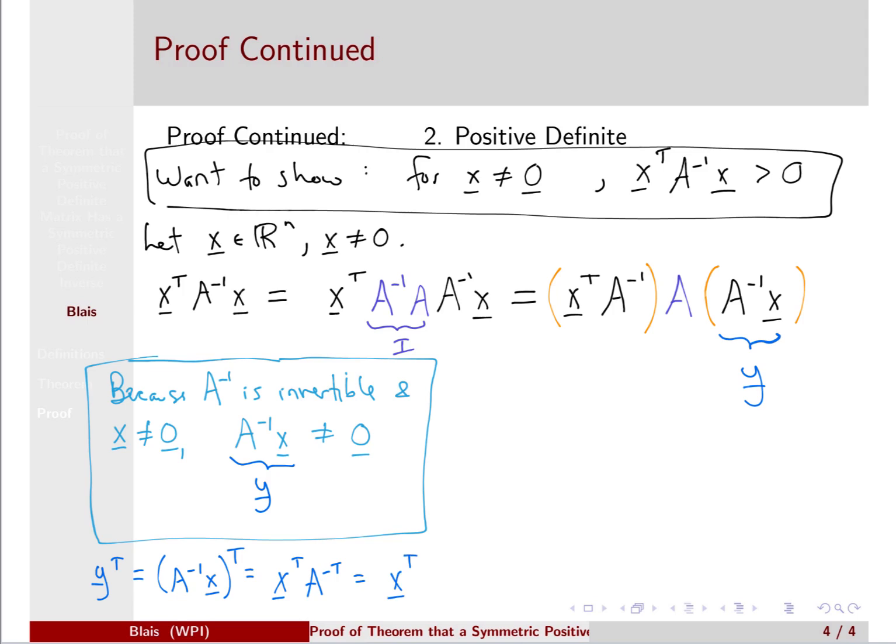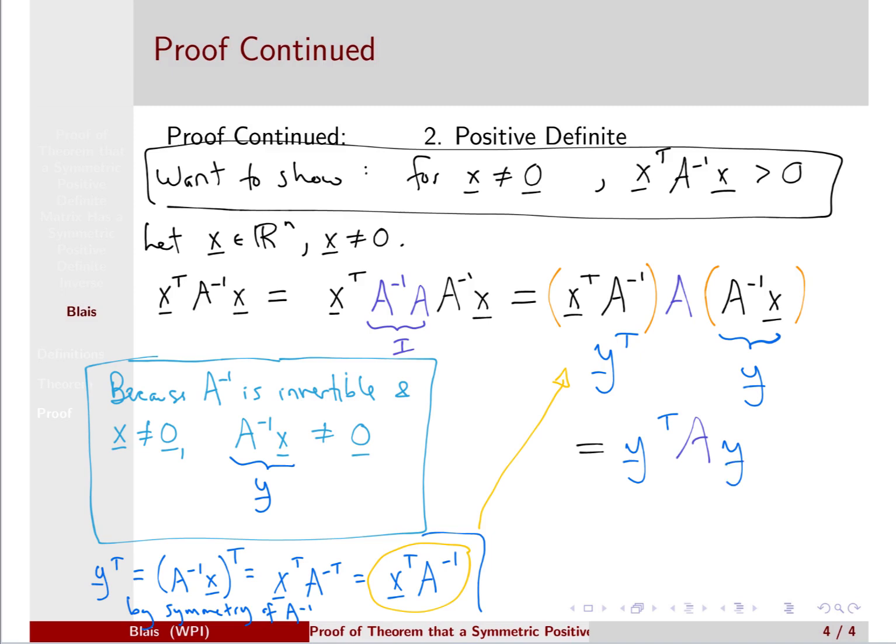So this becomes x transpose A inverse, again by symmetry of A inverse. But notice that this is what appears on the left here. And so this term here is y transpose. Thus, this quadratic form that we started with can be written as y transpose A y.